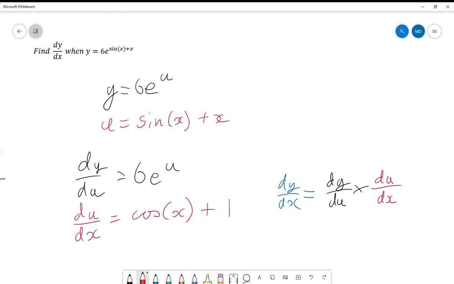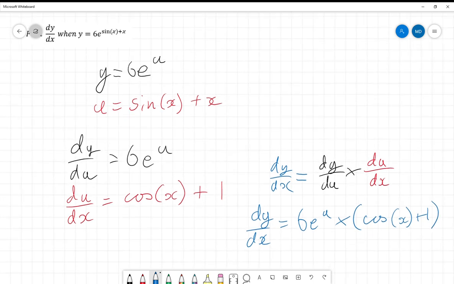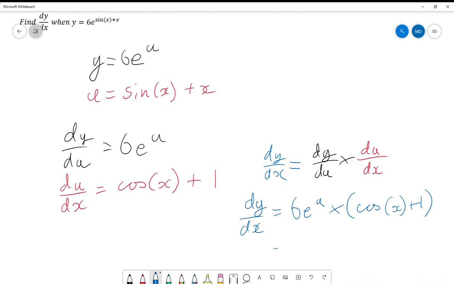So in this case, dy by dx is equal to 6e to the u multiplied by cosine of x plus 1. Make sure you use the brackets so we don't end up losing a term or mismultiplying a term. We'll just leave the brackets on rather than expanding.